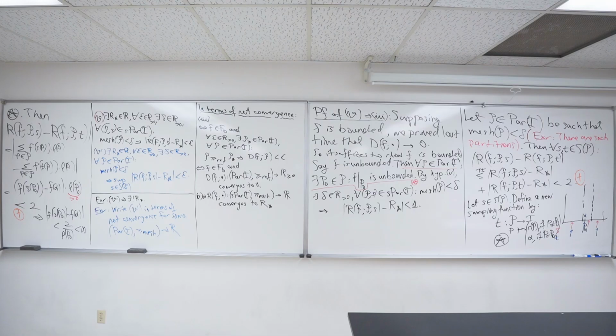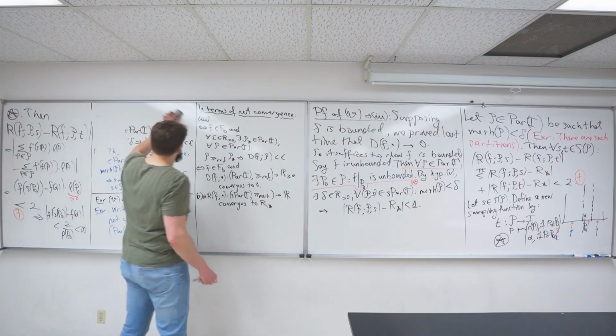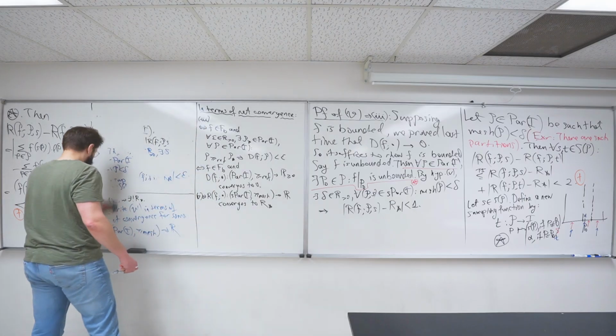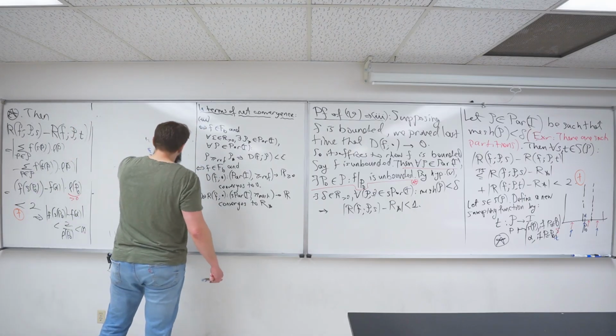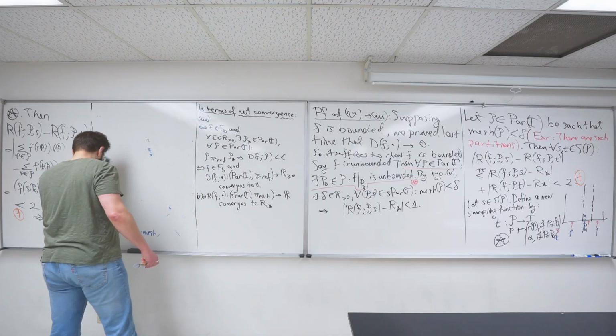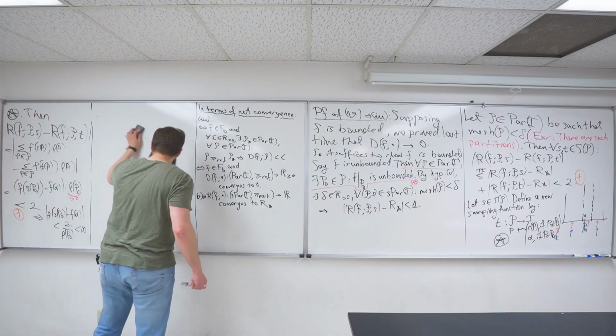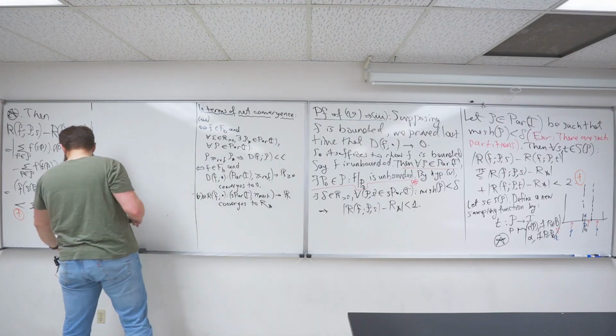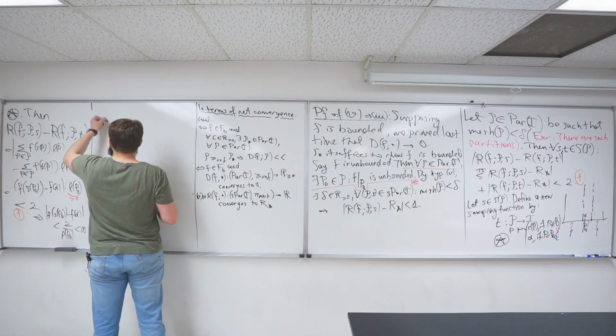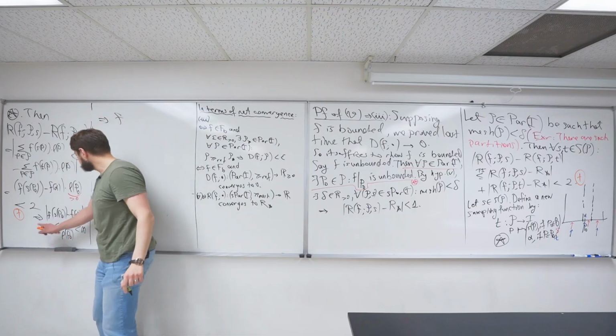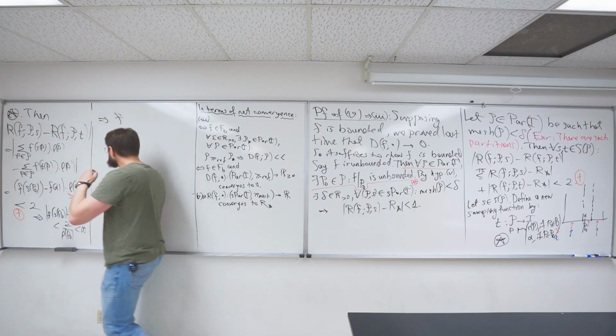But you see, this says that f of alpha is upper bounded by this plus that. So open up the absolute values, rearrange.